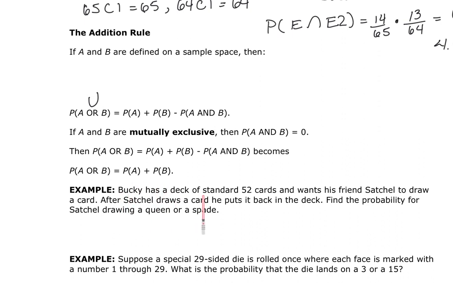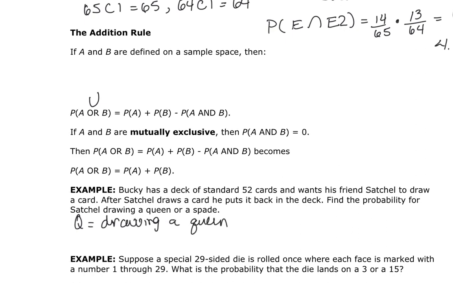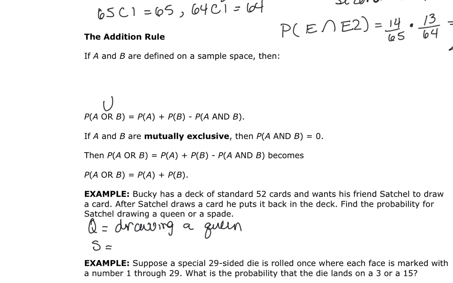Bucky has a deck of cards, again 52. He wants his friend Satchel to draw a card. After Satchel draws a card, he puts it back in the deck. Find the probability of Satchel drawing a queen or a spade. So Q is drawing a queen. S is drawing a spade.